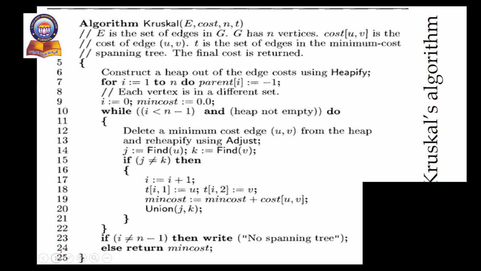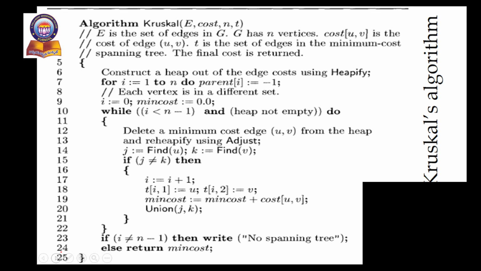Here we will be using the heapify function. If you recall heap sort, we use heapify there. The same concept is implemented to find the minimum edge. So for i equal to 1 to n do, we initialize parent of i equal to -1. For each vertex, which may belong to different sets, assign the value of i equal to 0, minimum cost equal to 0.